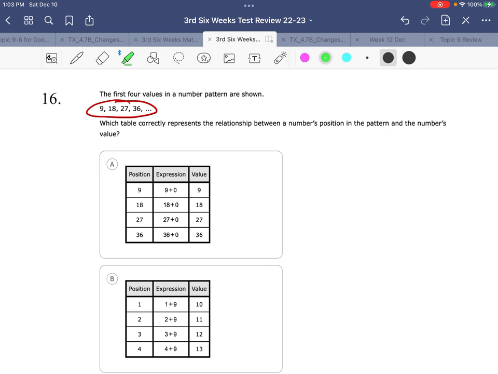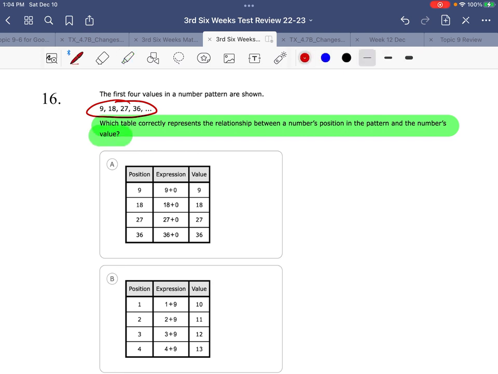Underline my question. Box in my keywords. So value and correctly represents the number's positions and the number's value.